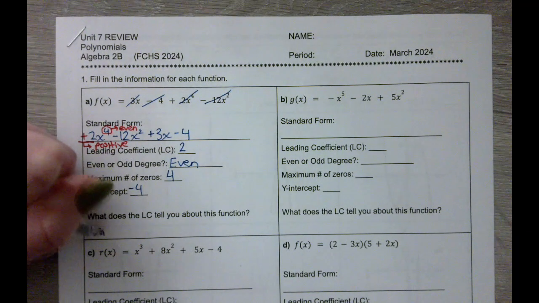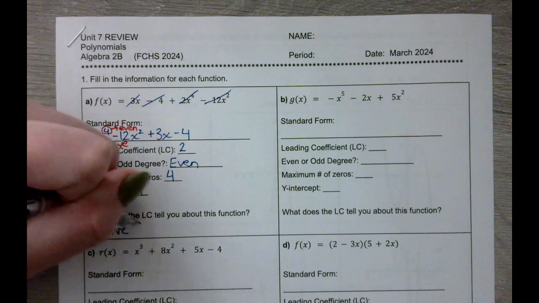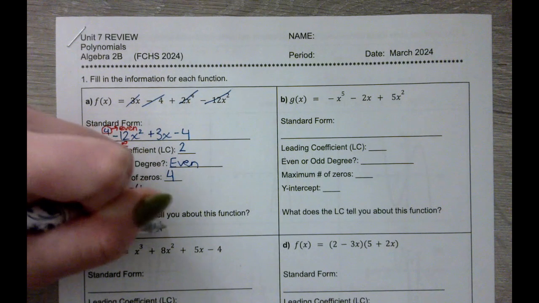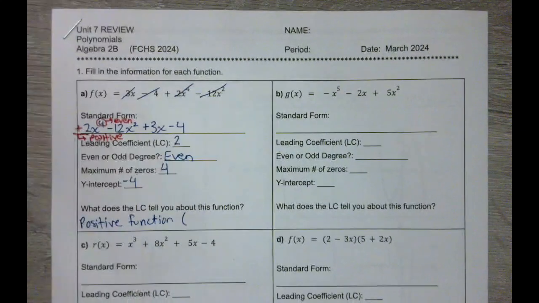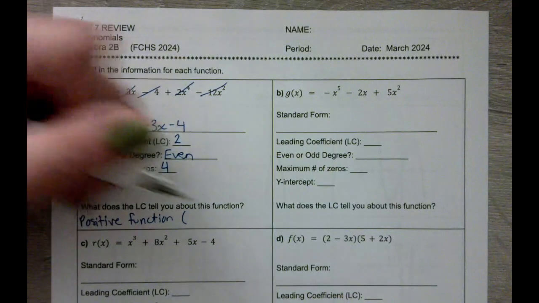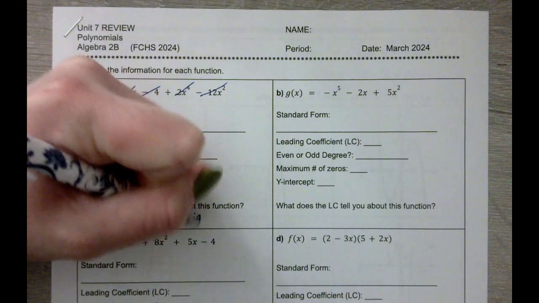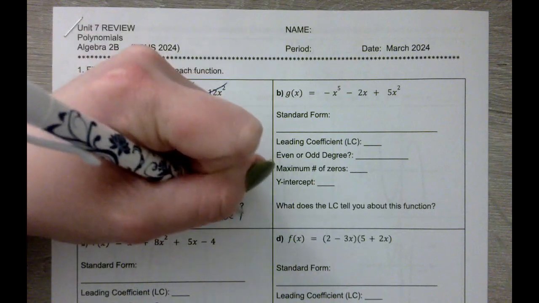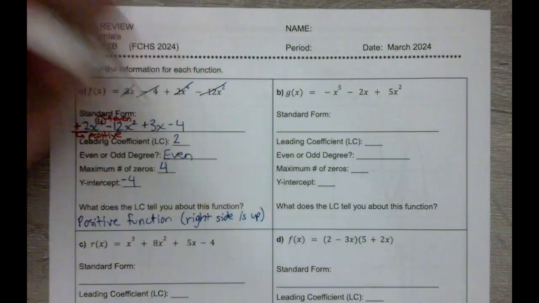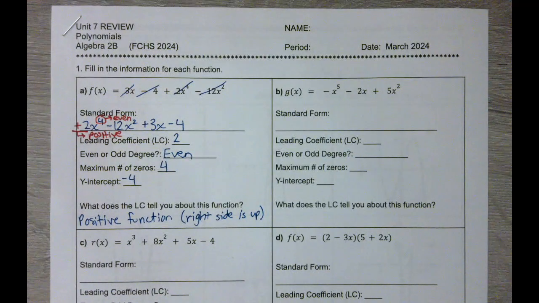It's a positive function. And then what that means overall, if it's a positive function, that means that the right side is up. So on the graph, the right side would be pointing up, not down.